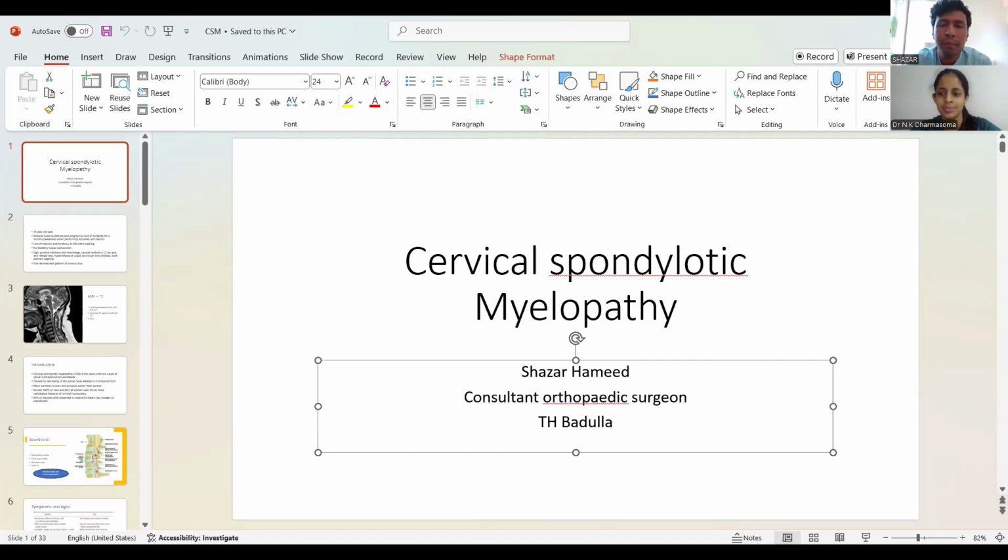Now, myelopathy happens to be not an emergency, but at least a semi-urgent condition. In my setup, usually if somebody comes with cervical myelopathy, I have access to an MRI scan and I have colleagues I can discuss with to expedite and get a scan done. Ideally, that should be the setup. The longer the wait, the longer the disability we are going to give rise to in the patient.